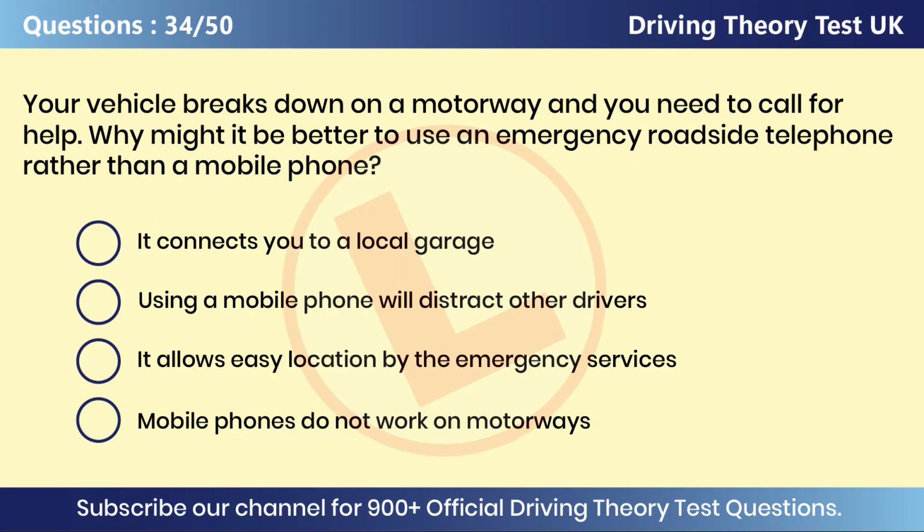Question 34. Your vehicle breaks down on a motorway and you need to call for help. Why might it be better to use an emergency roadside telephone rather than a mobile phone? A. It connects you to a local garage. B. Using a mobile phone will distract other drivers. C. It allows easy location by the emergency services.